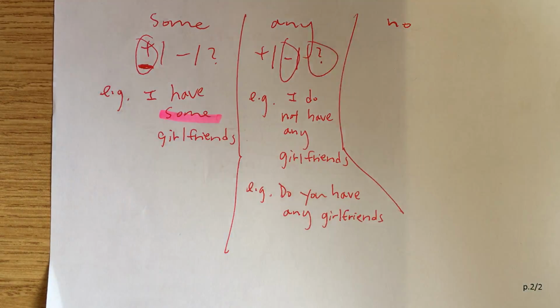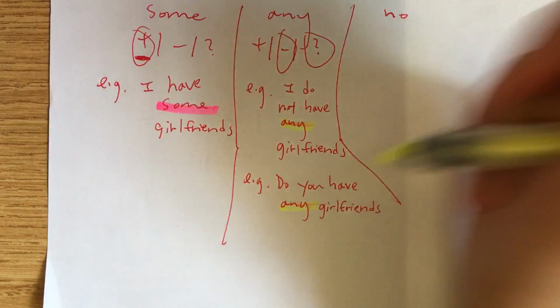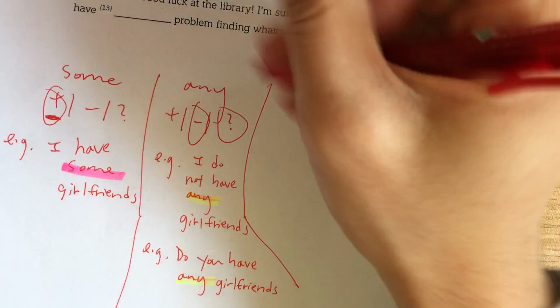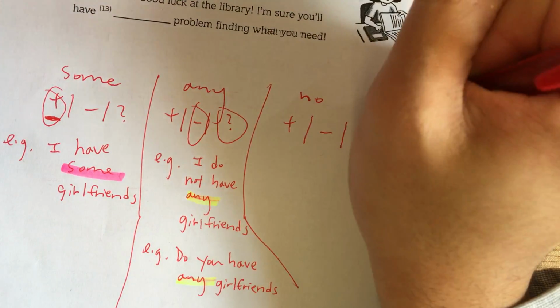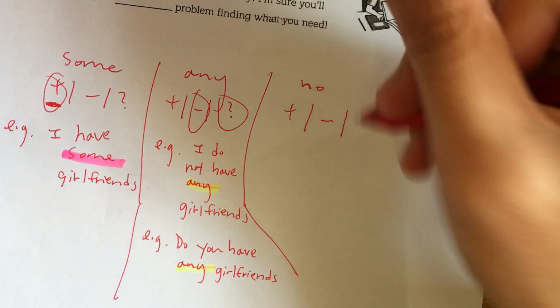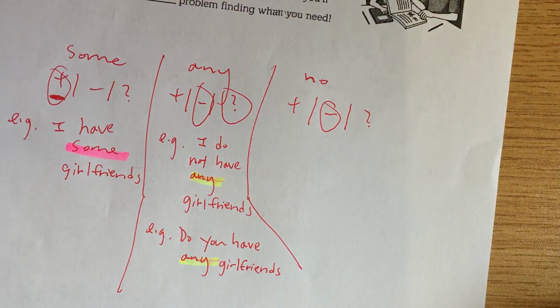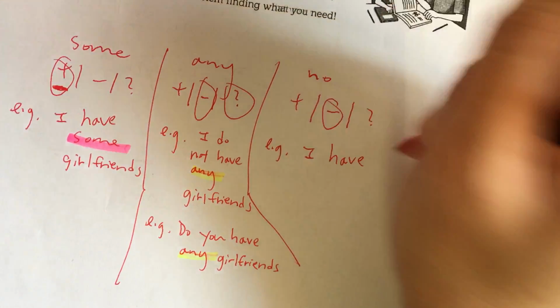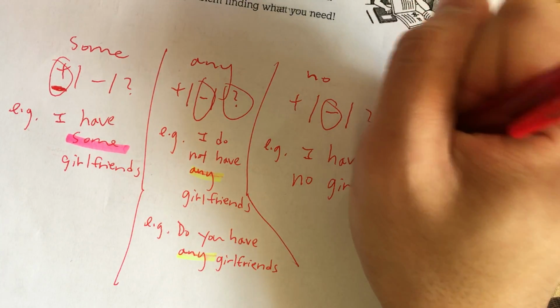Please use your highlighter. Some, any. So what about no? Obviously, you can see the word no. We are using no to talk about negatives. Okay? And you may say, I have no girlfriends.